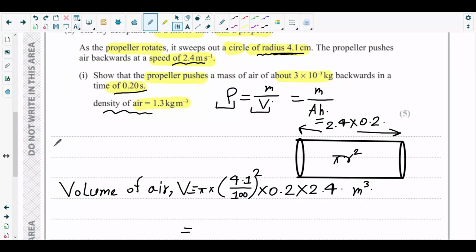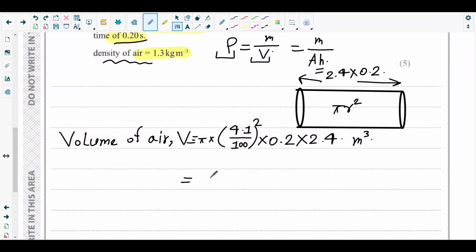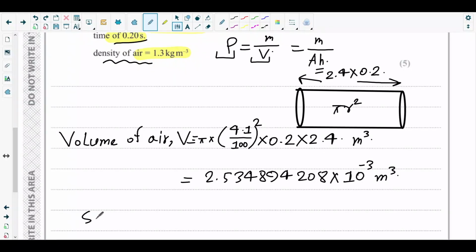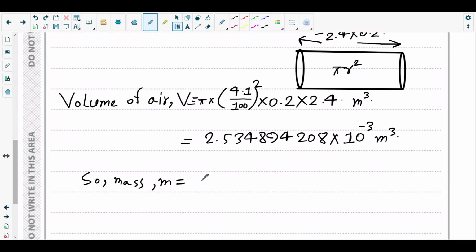So you will get the volume of air as 2.534894 times 10 inverse 3 meter cube. So we got the volume. So mass would be how much? Mass equals density times the volume. Density is 1.3, so 1.3 times 2.534 and so on times 10 inverse 3, that much kg.